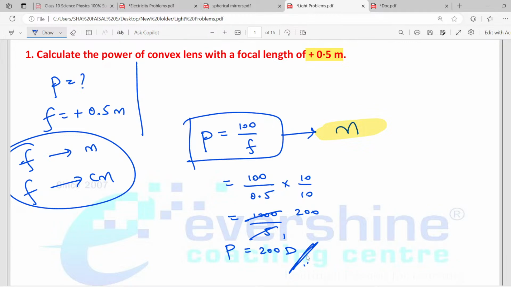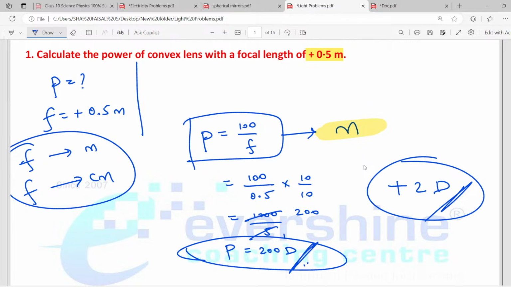So the power of the lens is, I think you should get plus 2 diopter, not 200. Check how. The final answer should be plus 2 diopter, not 200 diopter. Can you see why? Let me know first. Whether it is 200 diopter or plus 2 diopter, there is a tie between both the cases.